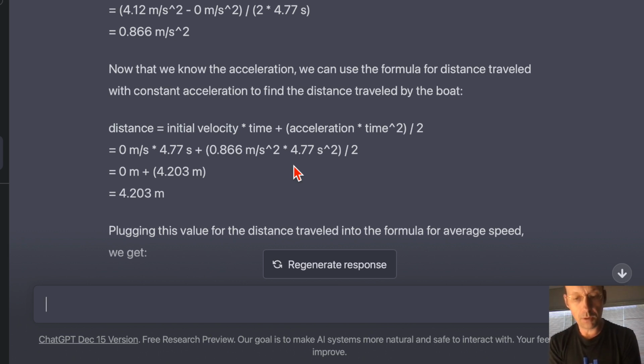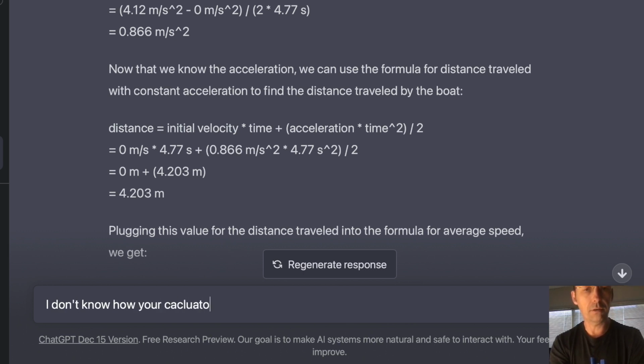Okay, if I clear and do 0.866 times 4.77 divided by 2, I get 2. See, I don't even know how it's getting that. I don't know how your calculator works.